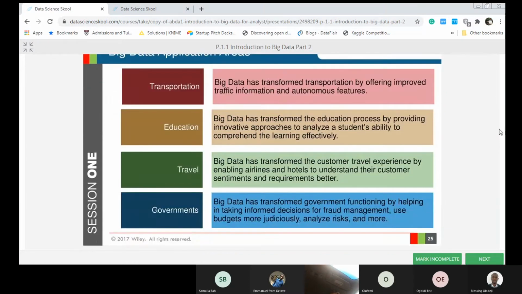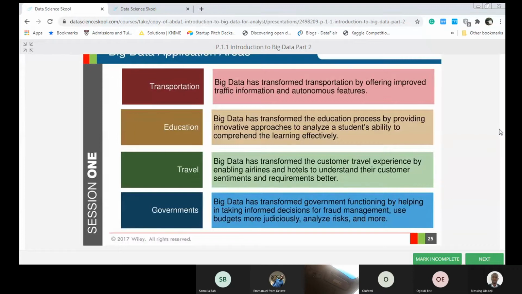Also in education business, in travel business, big data is applicable. In government, it is definitely very relevant. In fact, from my personal research, I've seen that the government is the biggest collector of data.